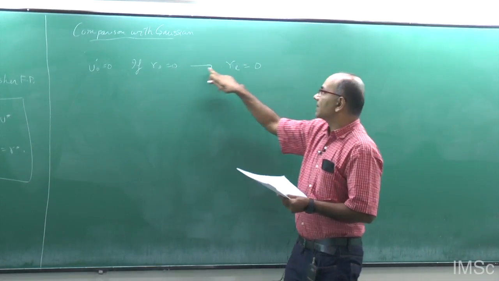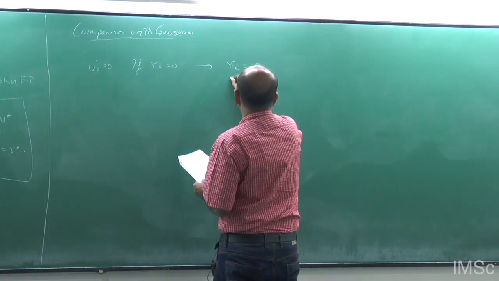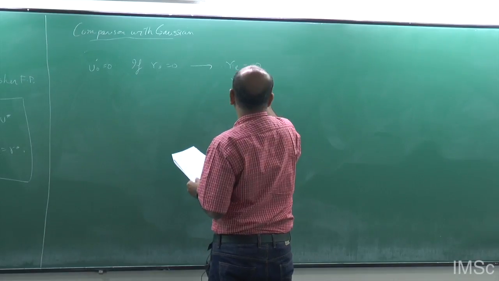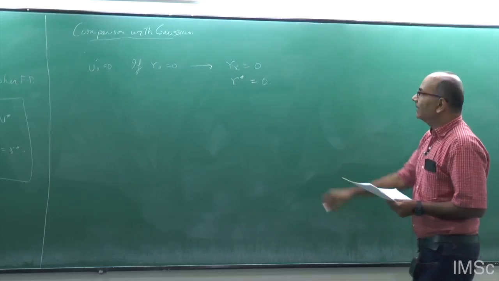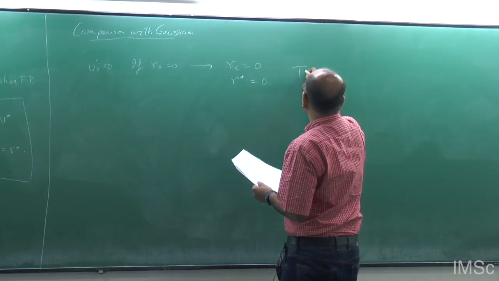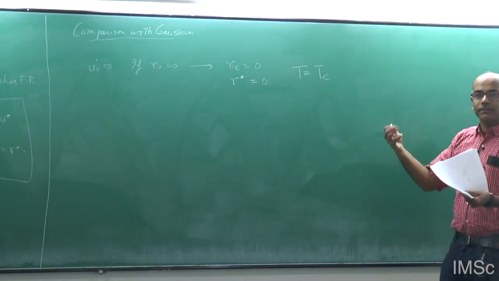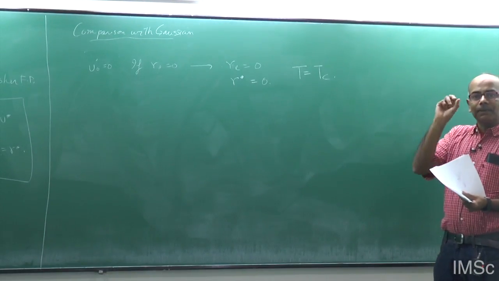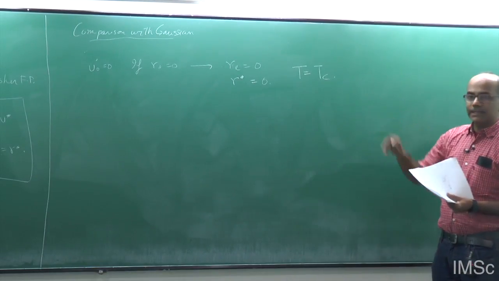So if R naught is 0, it remains 0. So that's your fixed point. What we call R star is just 0. And then we define this as the critical temperature. I said in critical phenomena, the parameter that you tune to make it critical is T equals Tc.